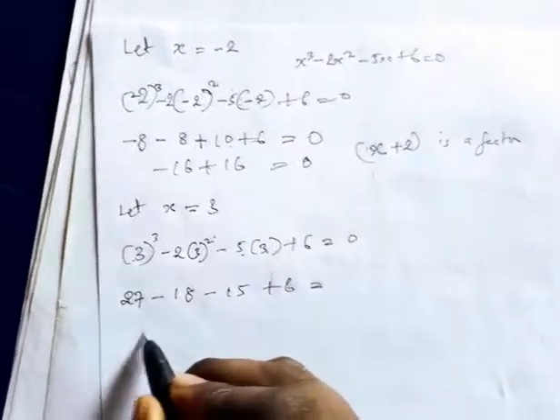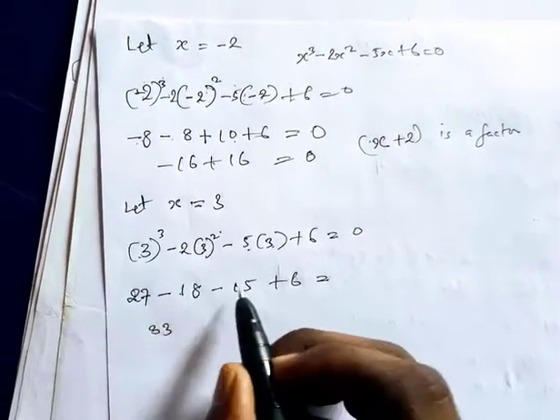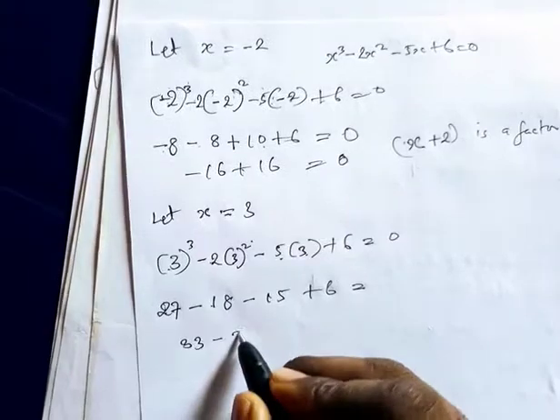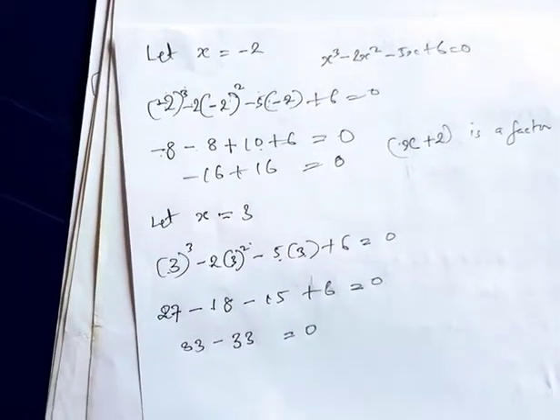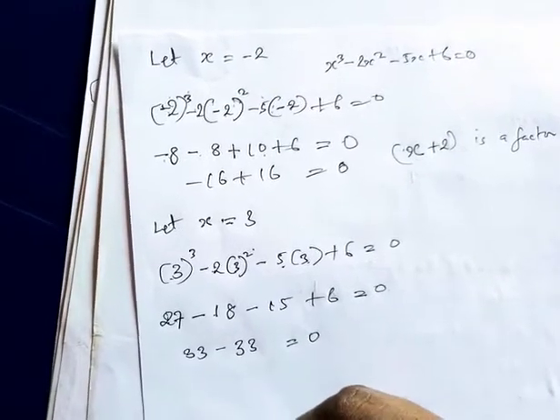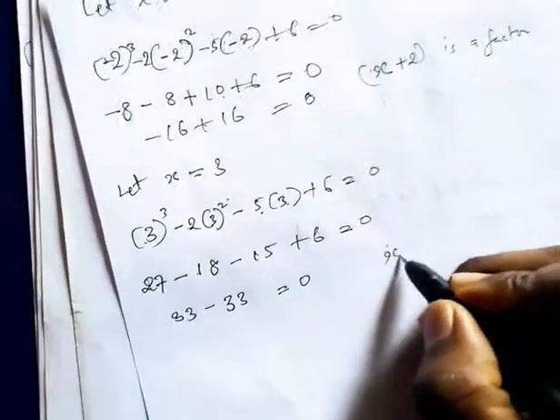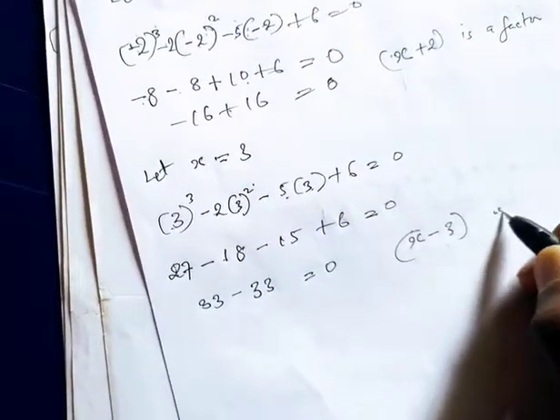27 plus 6 gives me 33, while this gives me also 33. So this is actually equal to 0. Now, we can therefore say that x minus 3 is a factor.